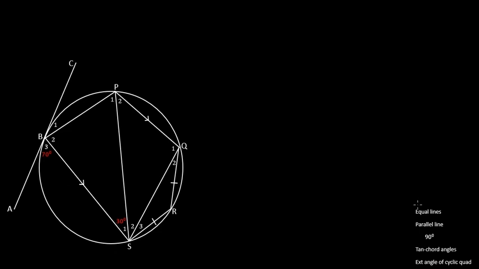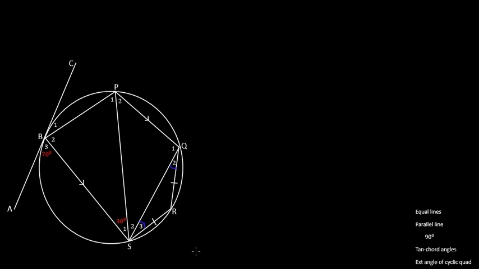Now we check if there's any of these. Are there any equal lines on the diagram? Yes. And they suggest that Q2 equals S3 because RQS is an isosceles triangle because of these two equal sides or lines.